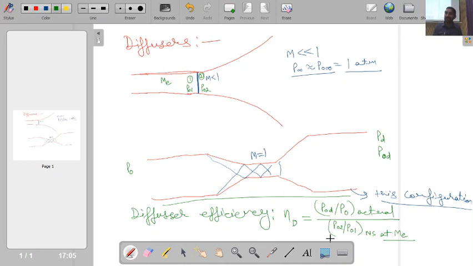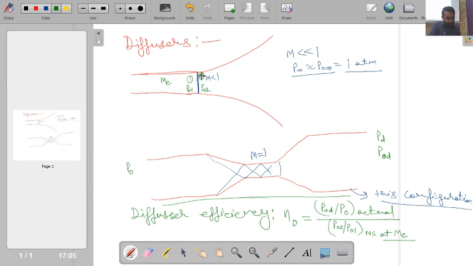Our expectation is that because here we will have more loss of pressure, and here we expect less loss of pressure, this configuration will perform better in comparison to the other configuration. So that is our expectation.